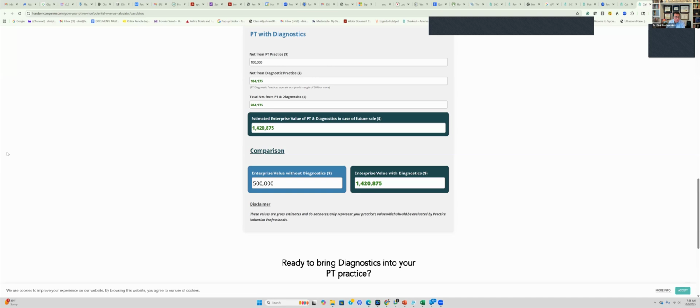So based on the calculator, the enterprise value without diagnostics would have been $500,000. Your enterprise value with diagnostics would have been almost 3 times that amount. So very interesting, and please do that for your practice.